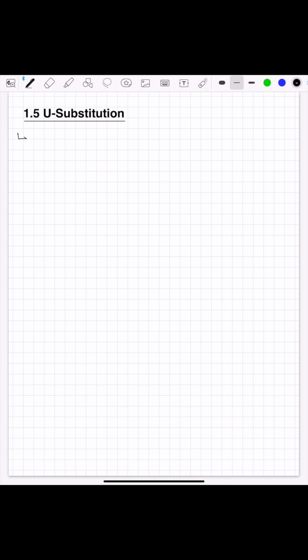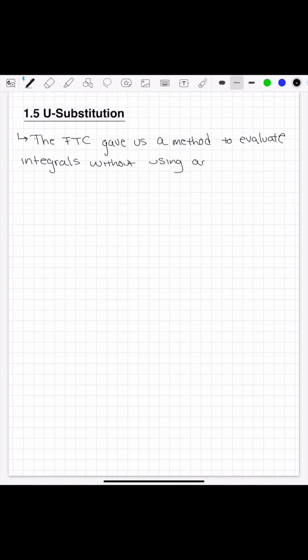So remember, where were we? Where we left off was that the fundamental theorem of calculus gave us a method to evaluate integrals without using areas.